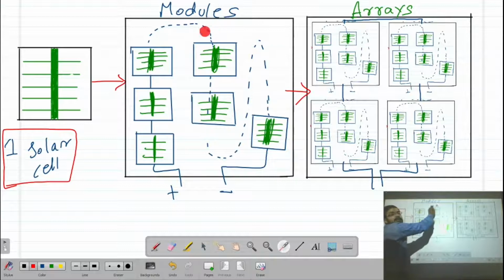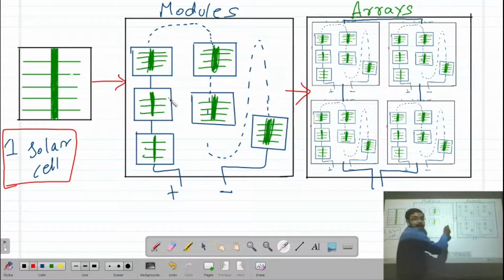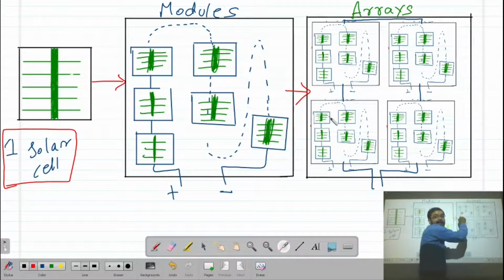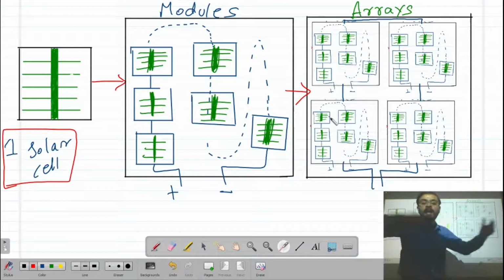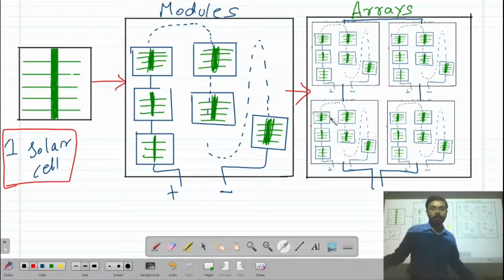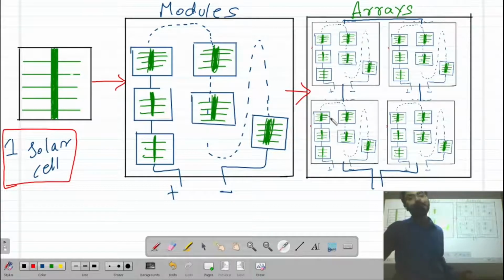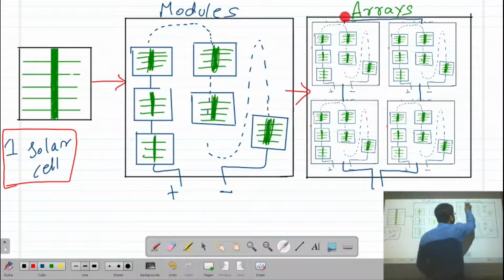Then the combinations are known as modules. And in a similar way, if whole modules are connected in series and parallel connection to form bigger solar cell modules, to increase the higher power rating, then it is known as an array.